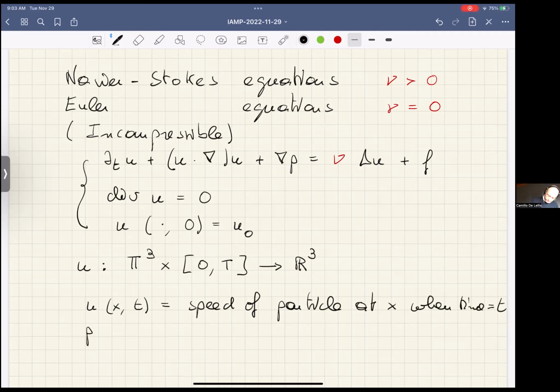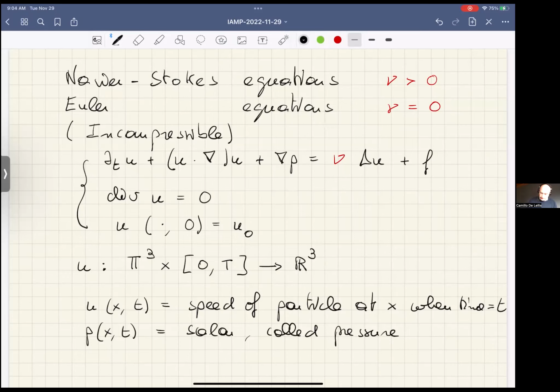And p of x,t is a scalar, and this is the hydrodynamic pressure. As you see, the divergence-free condition tells you that the fluid is incompressible. So the amount of fluid that you find in any given portion of space is independent of time. The density of the fluid is normalized to be equal to 1.